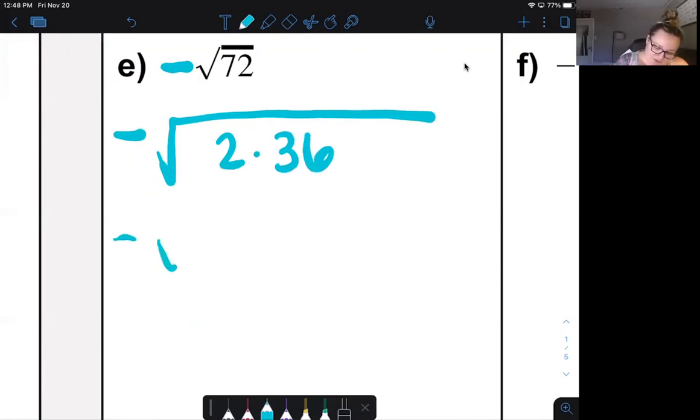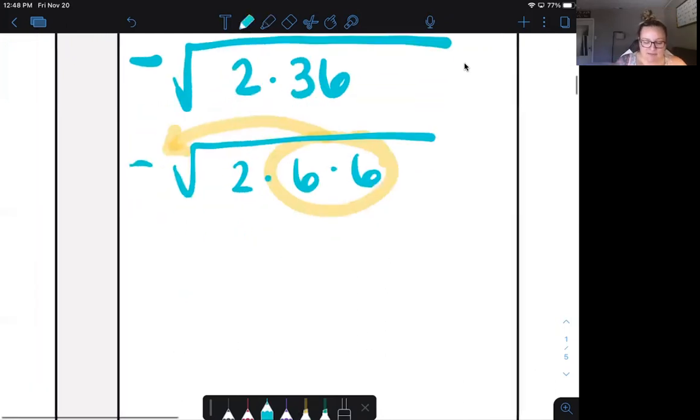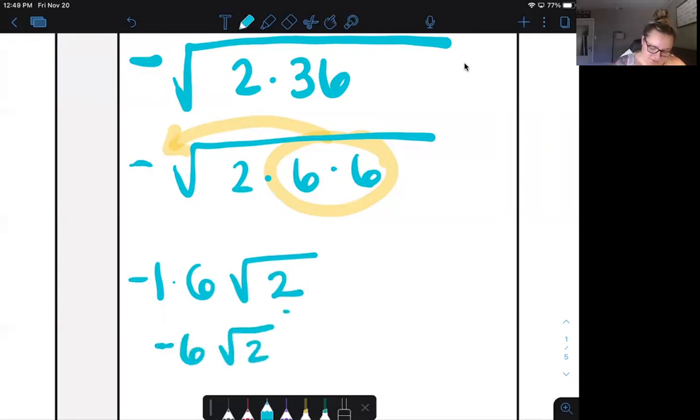Then I can break 36 down even farther to 6 times 6. And hey, I've got a group of 2 numbers that are the same. So I'm going to bring that 6 out in front of the radical. So this is technically going to be -1 times 6 times the square root of 2. Now what's -1 times 6? -6 root 2.